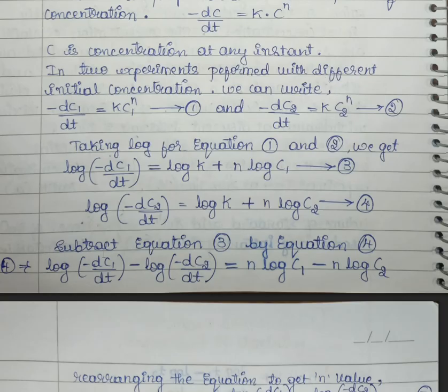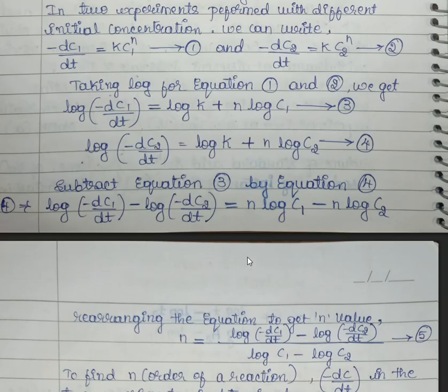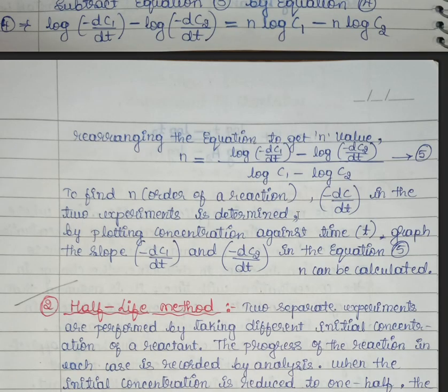Now the next step is to subtract equation 4 from equation 3, and after simplification we take the n terms to one side and the concentration terms to the other side. Rearranging, we get the final equation as n is equal to log of minus dC1 divided by dt minus log of minus dC2 divided by dt, divided by log C1 minus log C2.